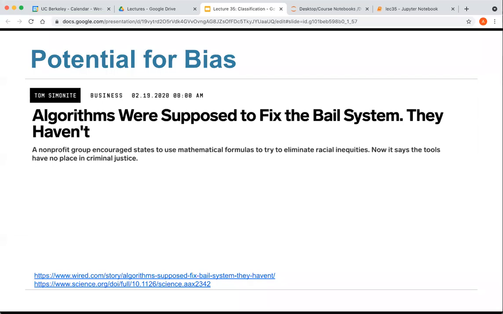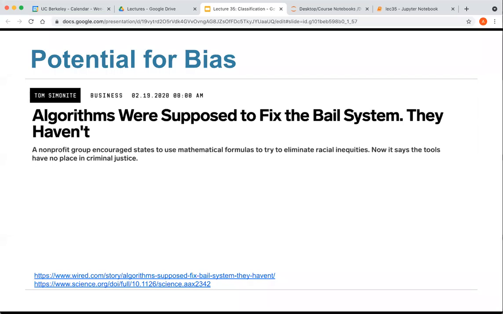So the Pretrial Justice Initiative, a nonprofit organization, was interested in fairness, especially across different racial and ethnic groups, in the bail system, right? So if somebody's accused of a crime, until their case goes to trial, until there is a resolution, they can get bail, or a judge can deny them bail.